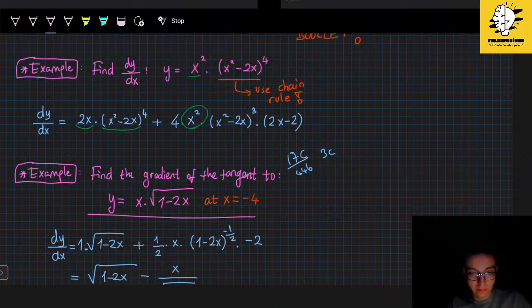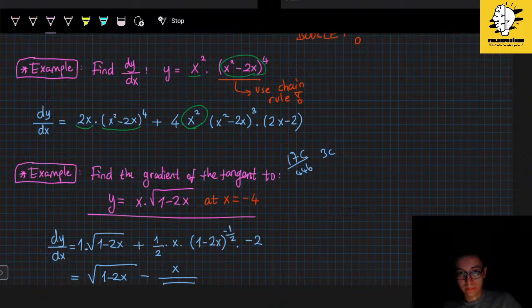And let's take the derivative of the second function. Firstly, we take the derivative of the outer function, x squared minus 2x to the power of 4. And when we do it, it is 4 times x squared minus 2x to the power of 3.